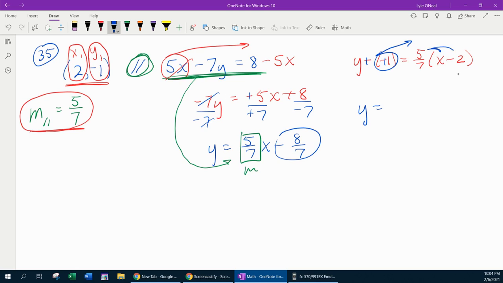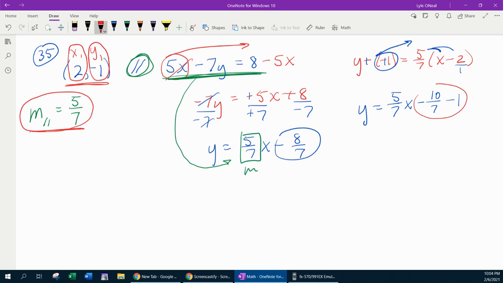So that's going to give us y equals 5/7 x minus, now look at this, 5/7 times 2. When you multiply fractions, you multiply the tops together and the bottoms together. So that'll make -10/7. And then the plus 1 comes over and makes -1.